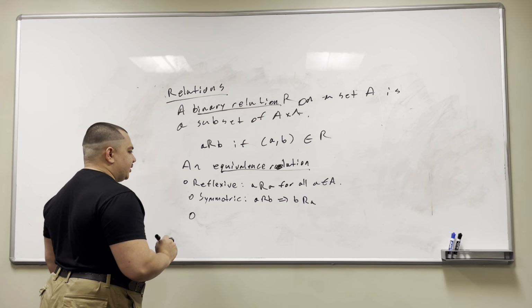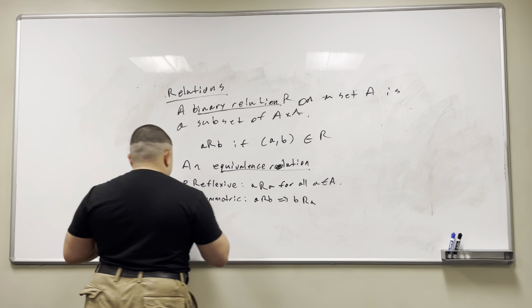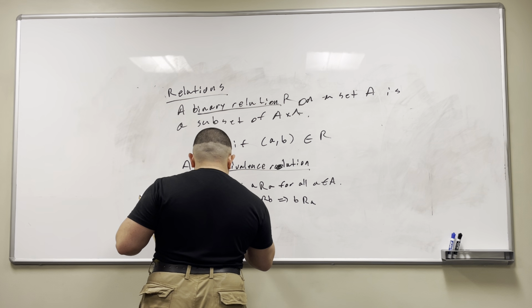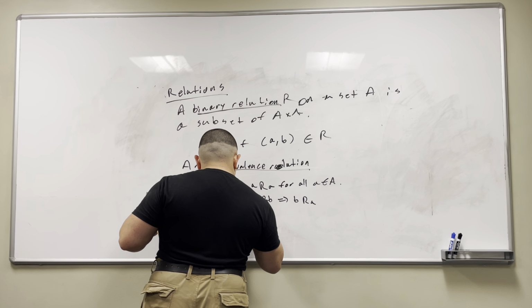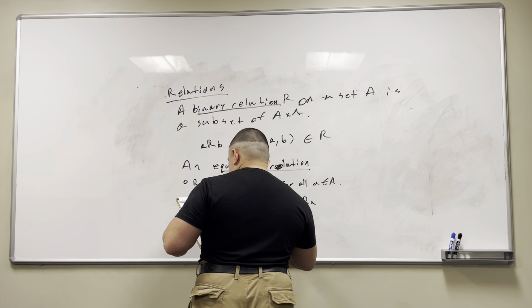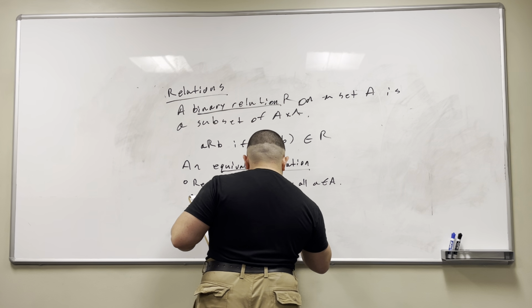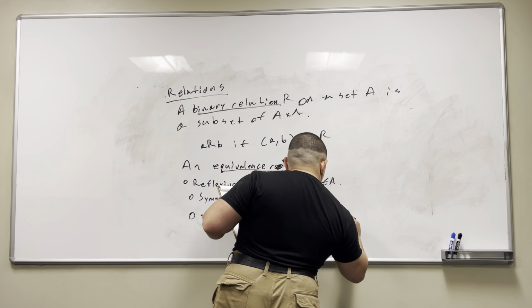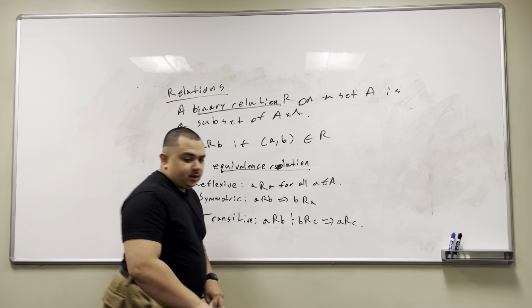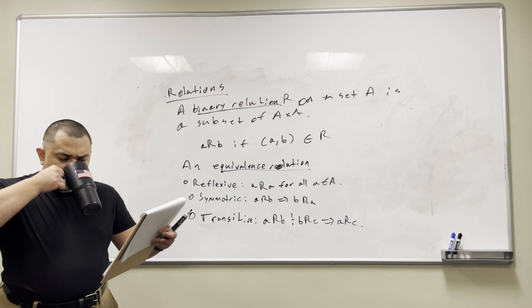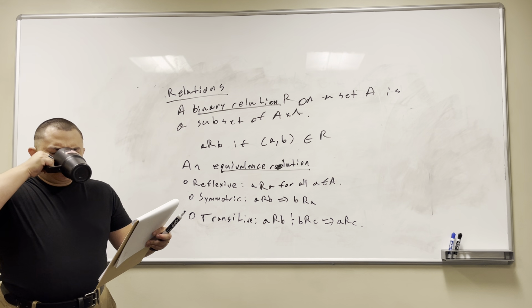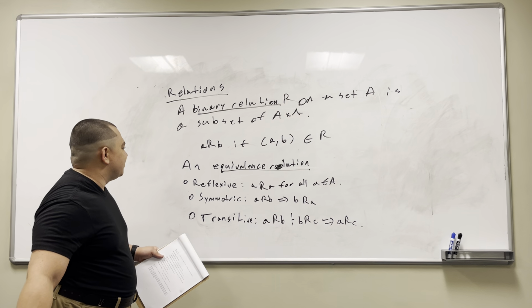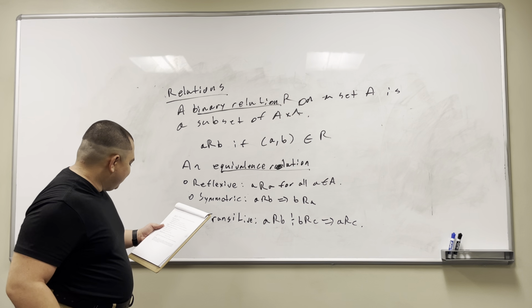That's just very intuitive. Transitive, it's kind of like syllogistic: a R b and b R c imply a R c. No, the A's are A's, they're not C. Stupid joke. Okay.